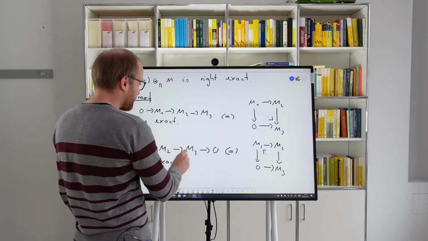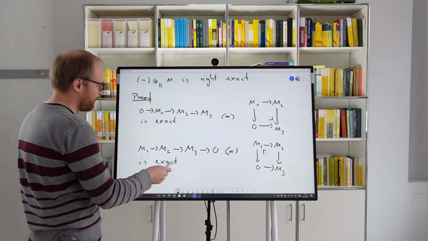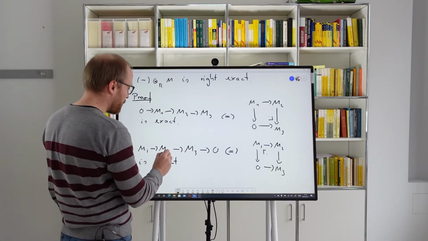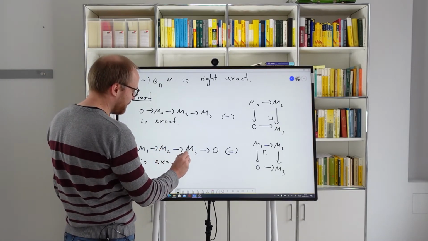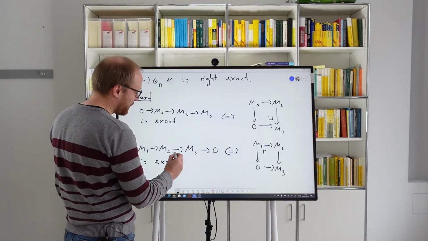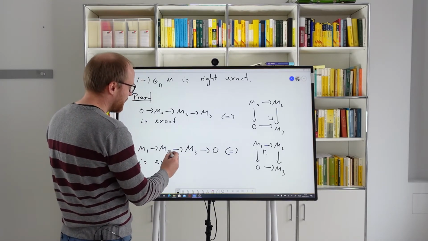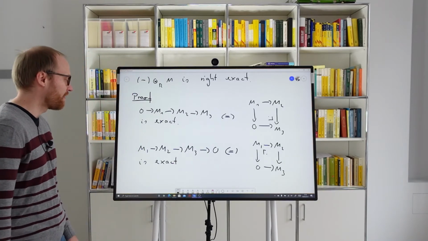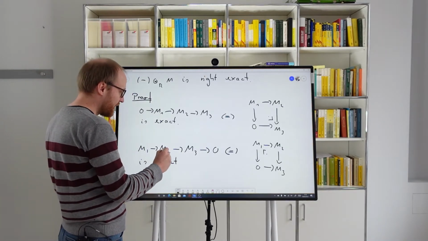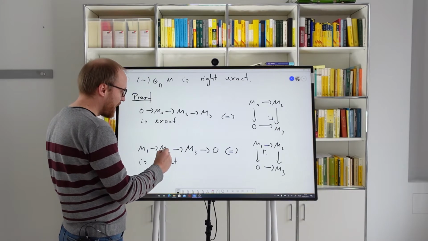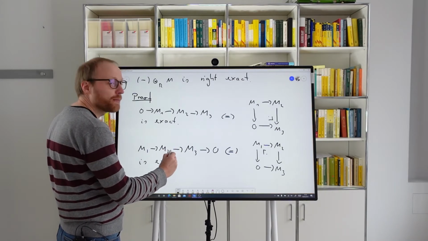So what does exactness of this sequence mean here? Well, consider the homomorphism from m2 to m3. This is a surjective homomorphism by the 0 here. And then the Noether isomorphism theorem says that M3 is actually isomorphic to M2 modulo the kernel of this homomorphism.